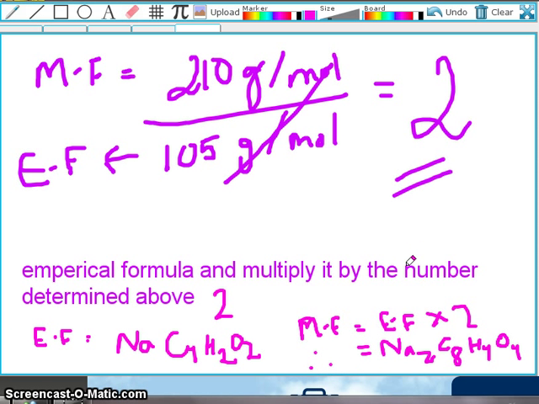Very simple, and make sure you have a periodic table on hand because you're going to need it to calculate molar masses and whatnot. In any chemistry stoichiometry problem, just make sure you have a periodic table. You're doing chemistry, you're going to need the periodic table, trust me. Unless you've had these numbers memorized, but seriously, there's no point in memorizing them.